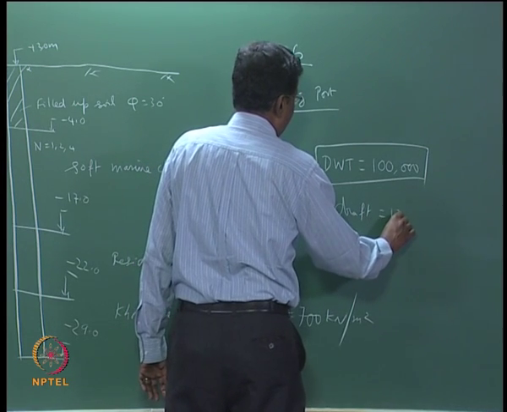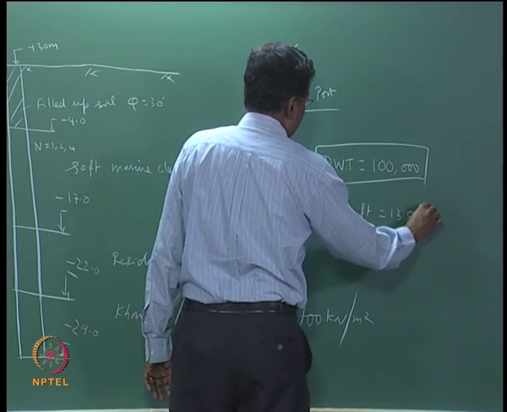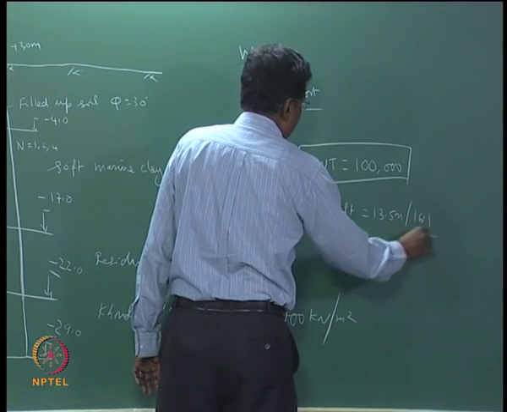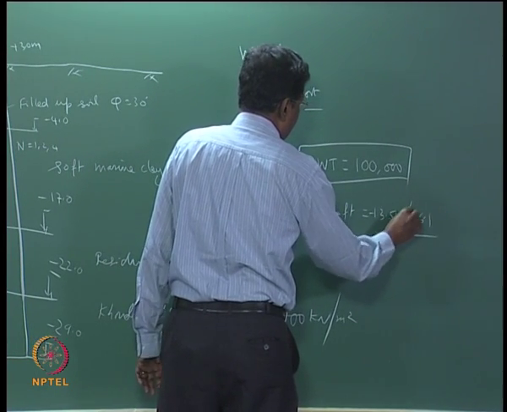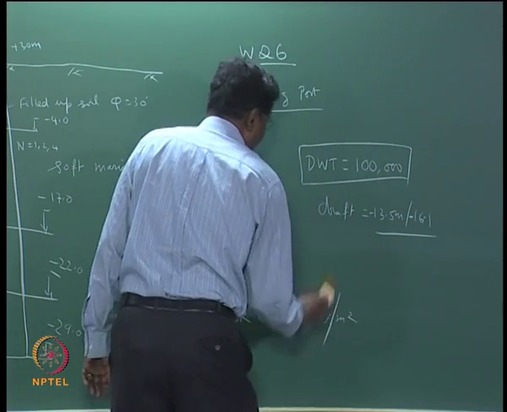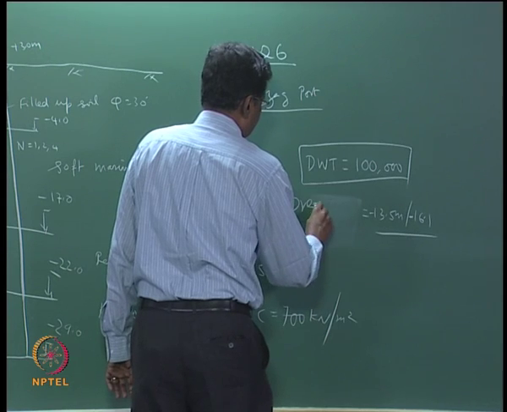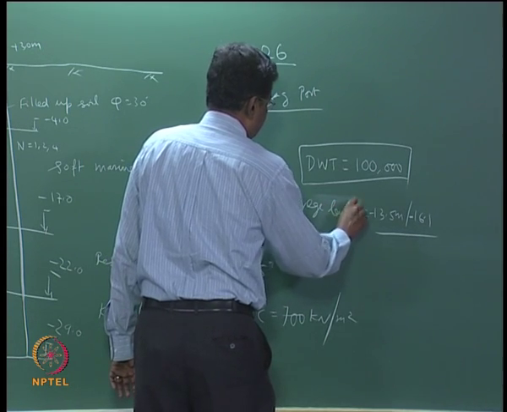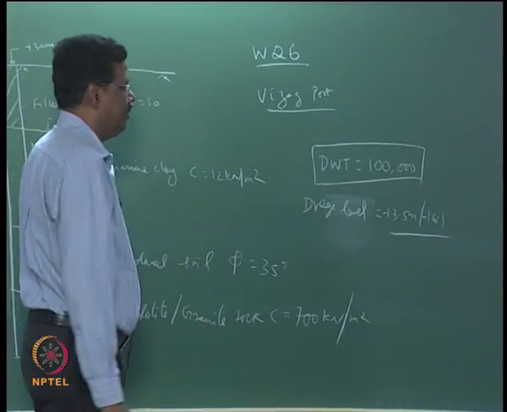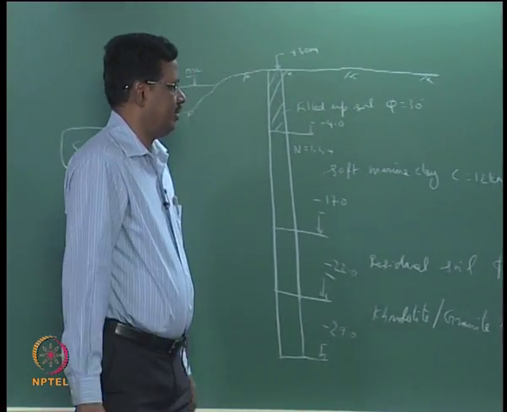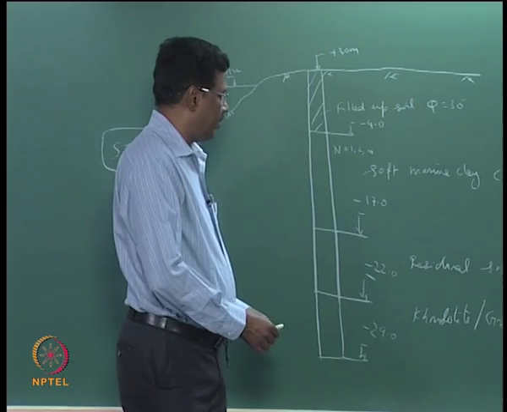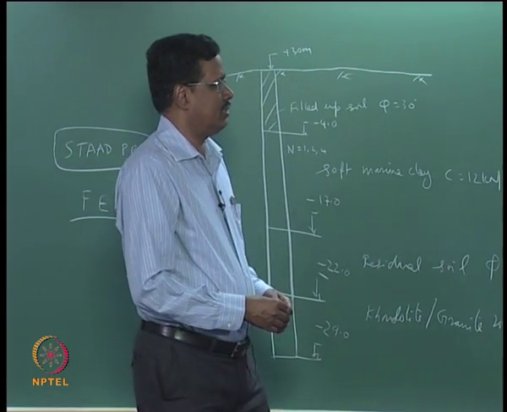Draft is about 13.5 meter in the first phase, to be increased to 16 point something. Dredge level will be from -13.5 meter in phase 1 to -16.1 meter in the second phase.